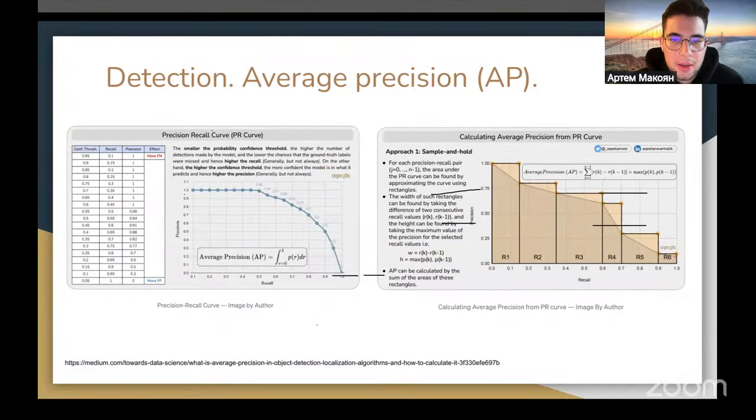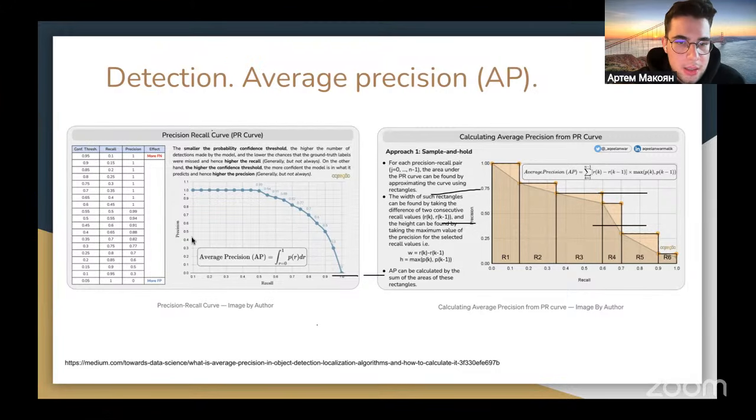Okay, so the curve goes from left to right and decreases. So what is this? As I said, you make a table with different thresholds, and on the x-axis you have recall, and on the y-axis you have precision.